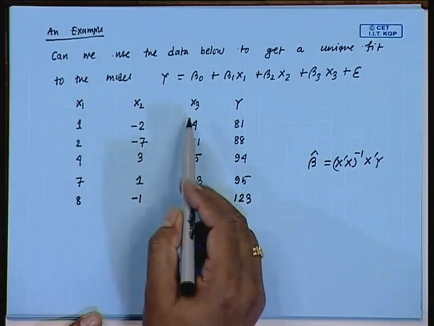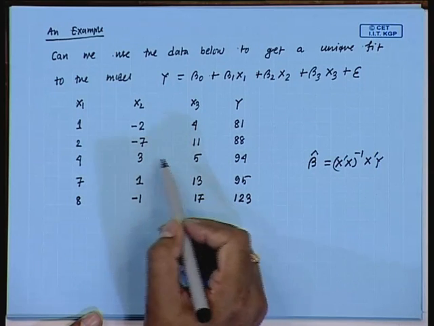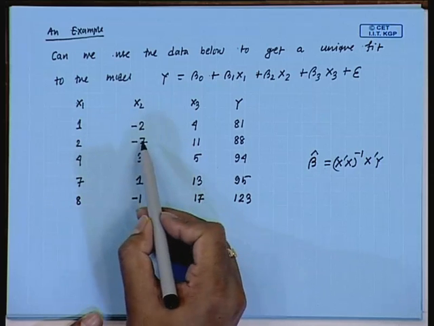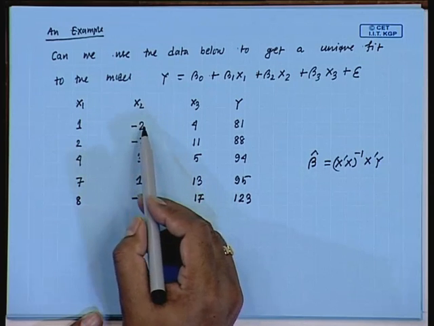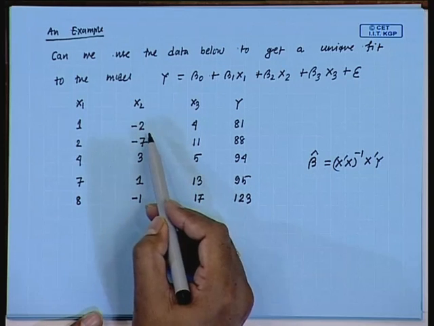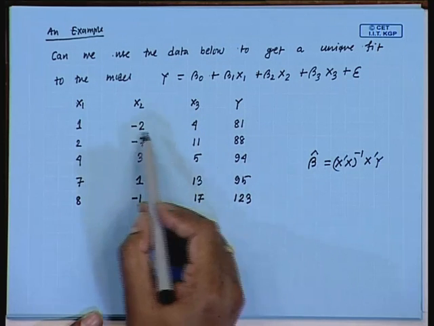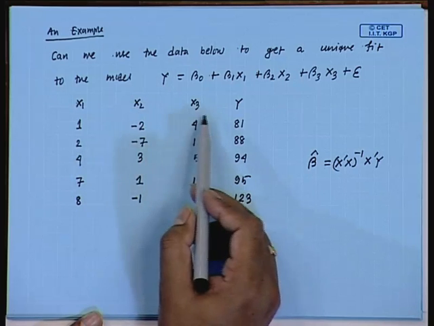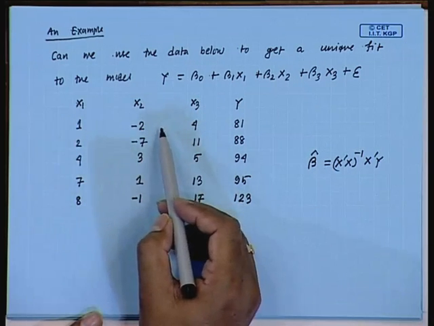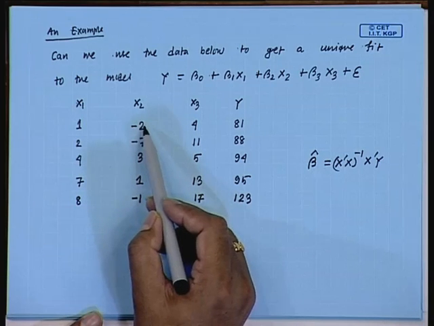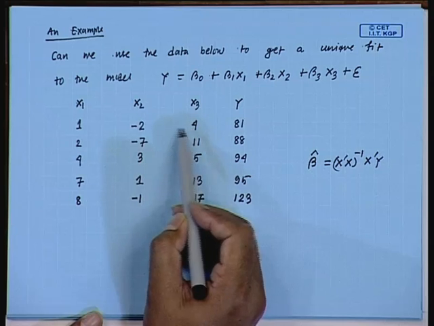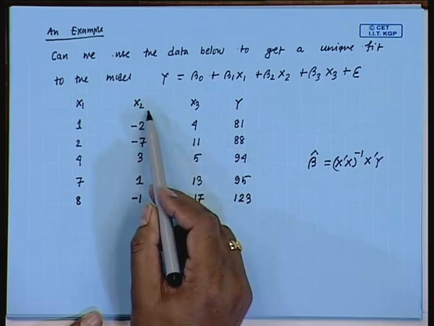Now, here if you observe, it is not difficult to check that these three regressors are not independent. Here you check that x2 plus x3, take this first observation. So, x2 value is minus 2, x3 value is 4 and x1 value is equal to 1. You can check that x2 plus x3 is equal to 2. So, x2 plus x3 is twice x1.